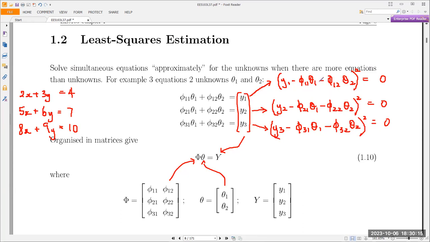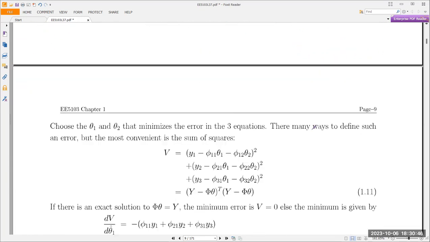You substitute theta 1 hat and theta 2 hat inside here, and then this plus this is as small as possible. Theta 1 hat is the best estimate of theta 1, in the least square sense, which means you put in and get the smallest square sum.